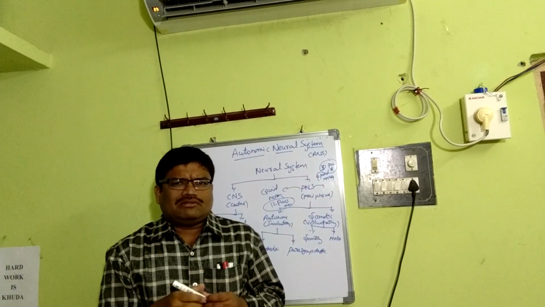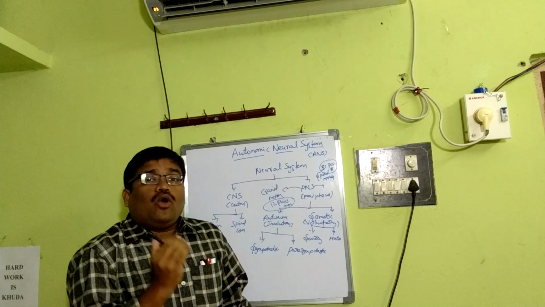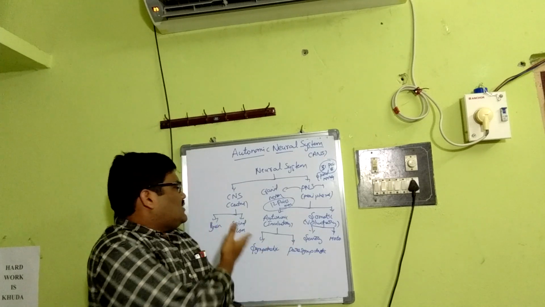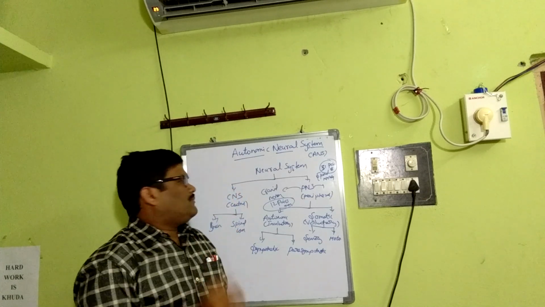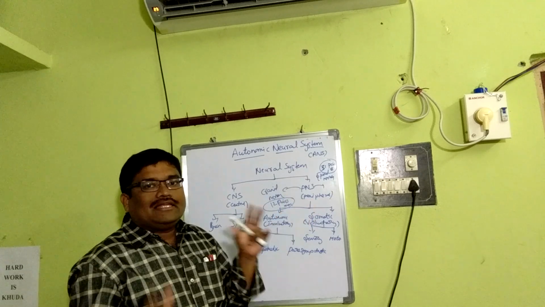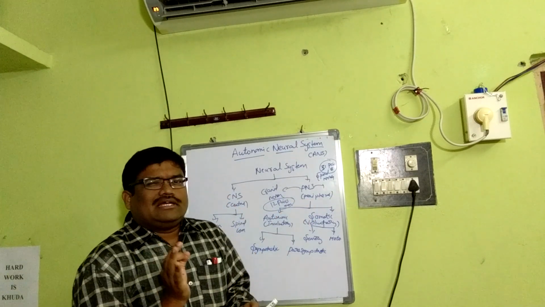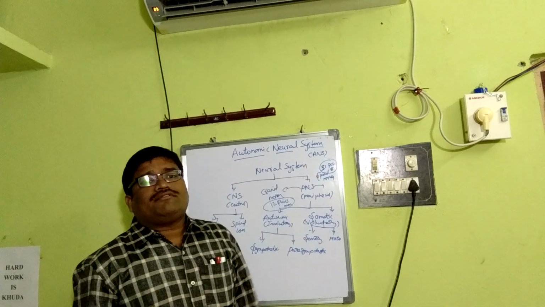We're not going into a detailed discussion regarding the classification, but for understanding how the autonomic nervous system is different from other systems. In case of the CNS, the brain and spinal cord are the subdivisions of the central neural system. Whereas in the peripheral neural system, the essential components are the cranial nerves, 12 pairs in human beings, and the spinal nerves, 31 pairs.